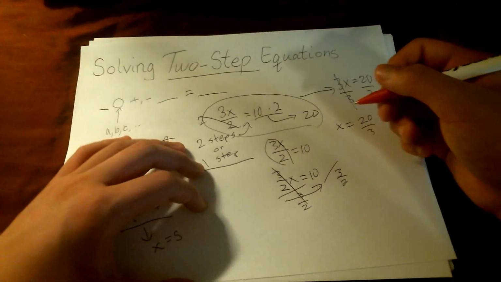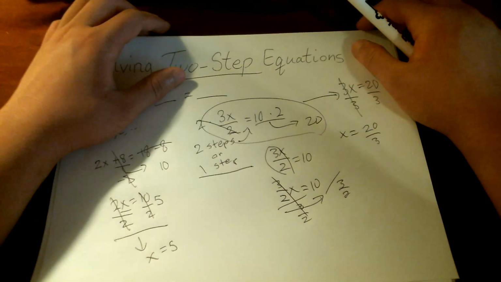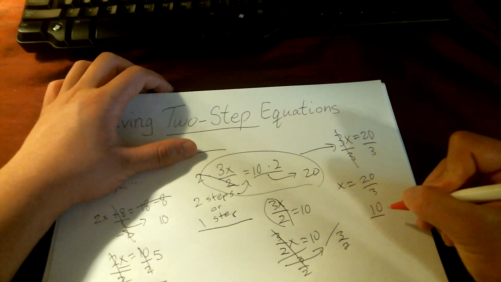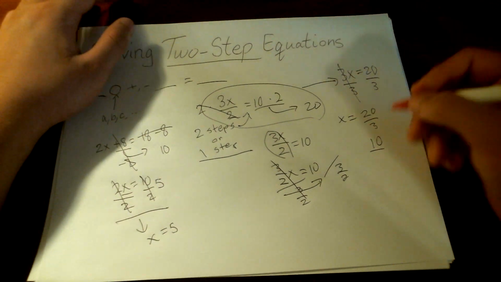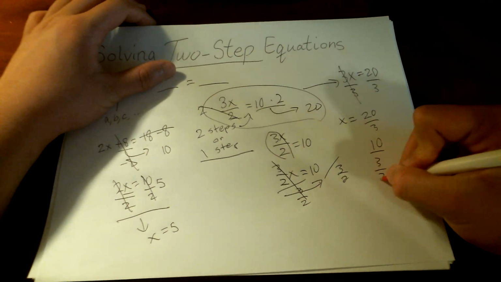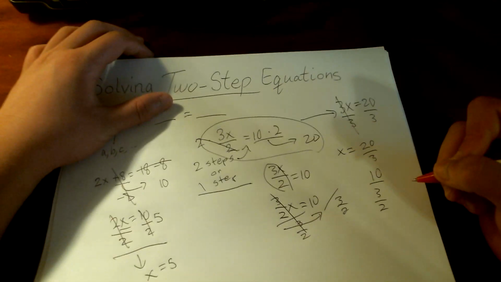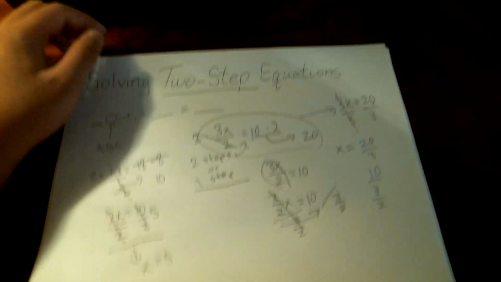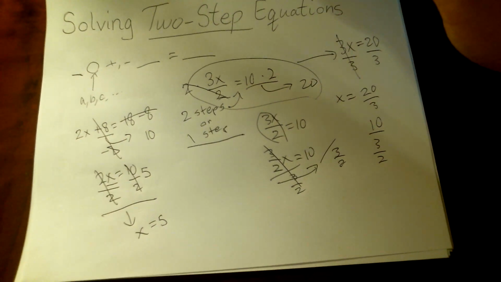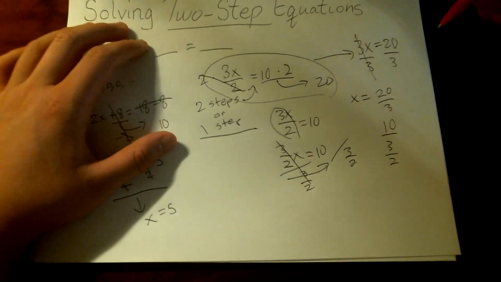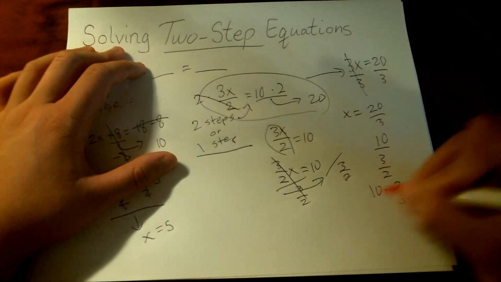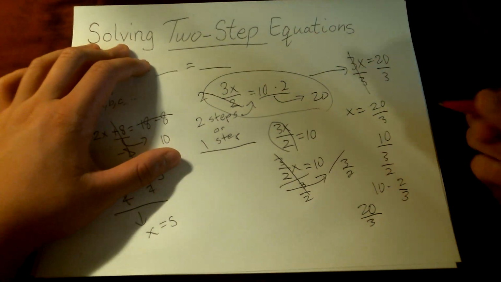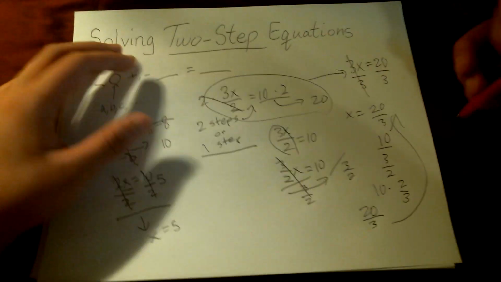So this would go, and this would be 10 over 3 over 2, and then we would have that be 10 times 2 over 3. So then this is 20 over 3, just like what we got here. Alright, so let's try some examples of that.